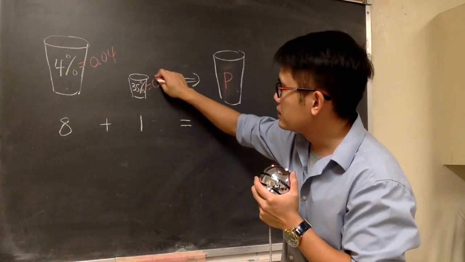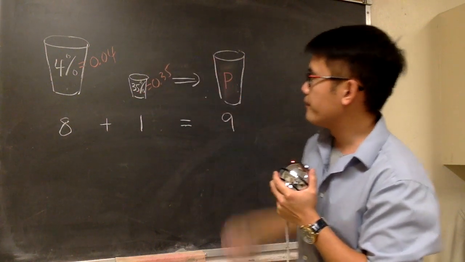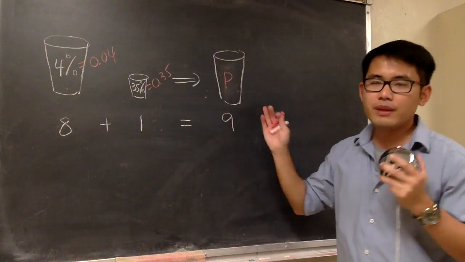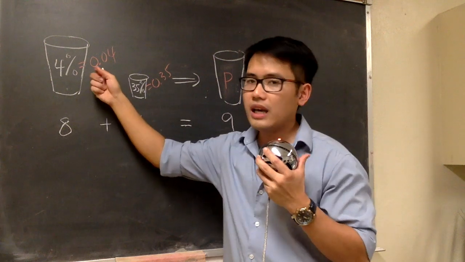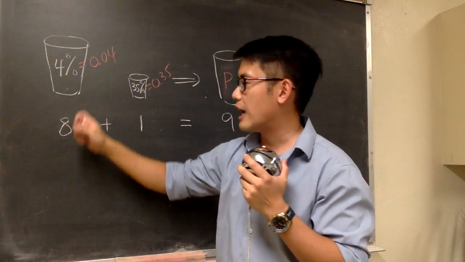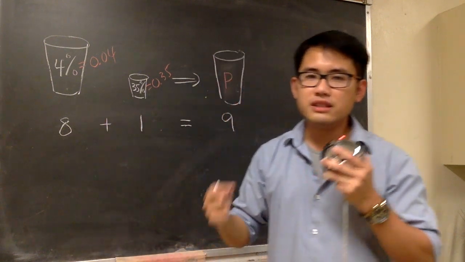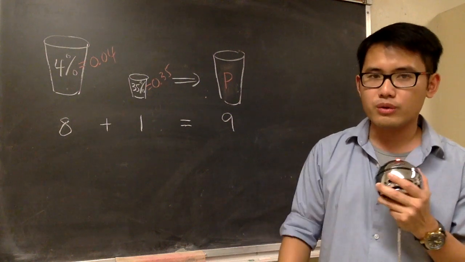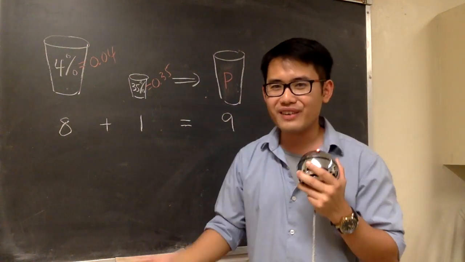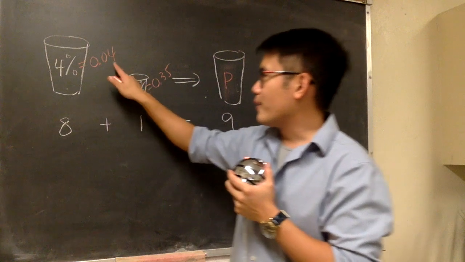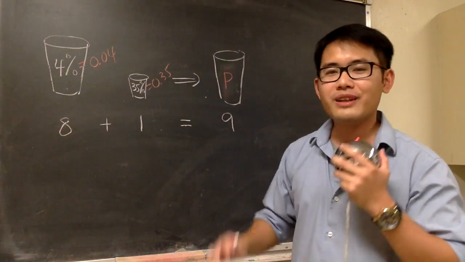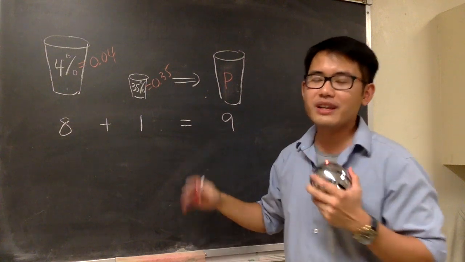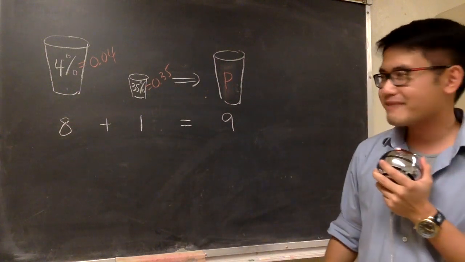Let's change that to 0.35. And P is just P for now. But the most important formula is that we take the alcohol concentration times the amount. That will give us the actual amount of alcohol. The rest is just water, flavor, things like that. So if you line up like this, you can get this equation right, no problem. And you will see the connection between this equation and other algebra questions.